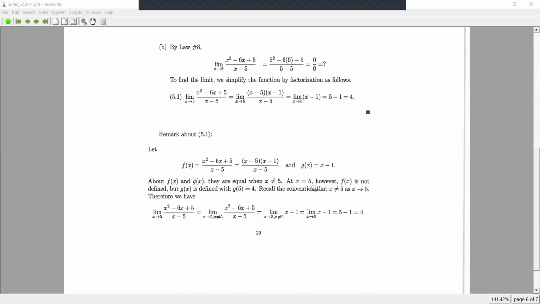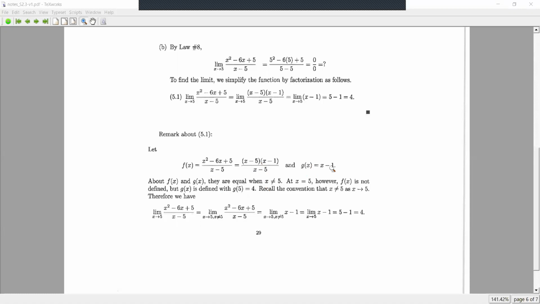At point 5, however, function f is not defined. When you plug in 5 in the x here, then you will get 0 over 0, not computable. So function f is not defined at point 5. But function g is defined at point 5. When you plug in 5 in the x here, then the function value of g at 5 is 5 minus 1.